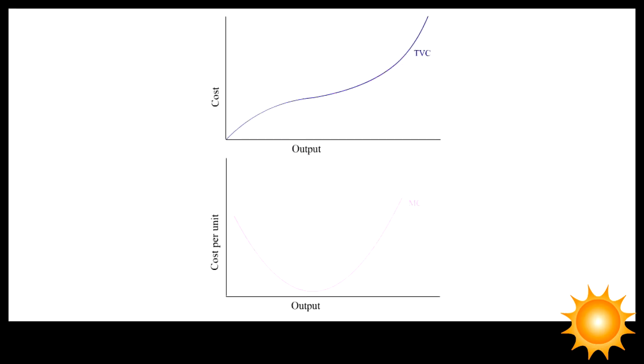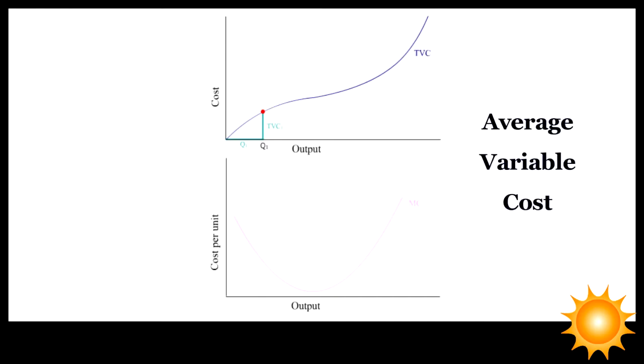When TVC is divided by a given level of output, we get average variable cost, AVC. At Q1, AVC is equal to TVC1 divided by Q1.